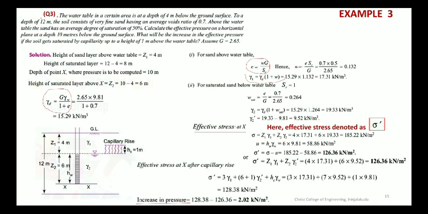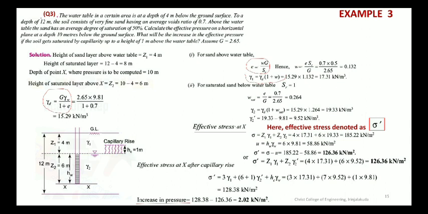So the height of water is 6 meters. So you have to multiply that height with the unit weight of water. So that is pore water pressure is equal to 6 into gamma W. Gamma W is the unit weight of water, and 6 into 9.81. So you will get pore water pressure as 58.86 kilonewton per meter square.